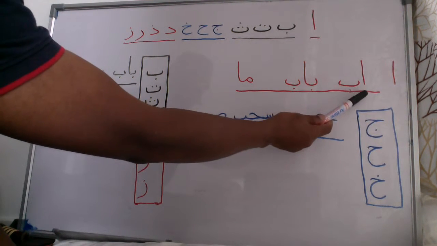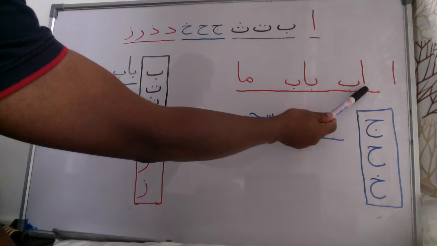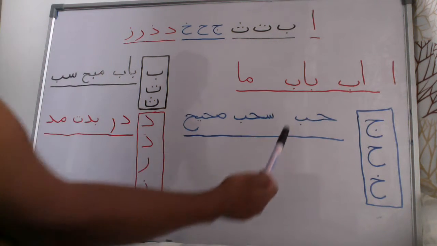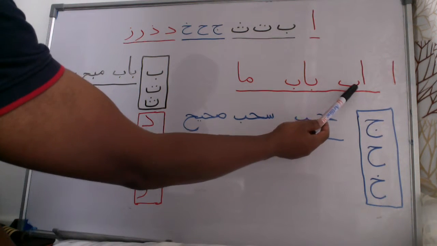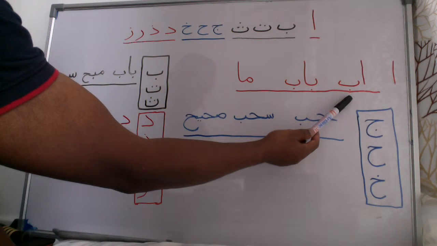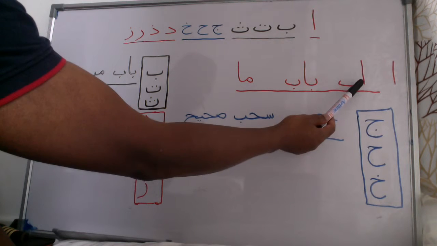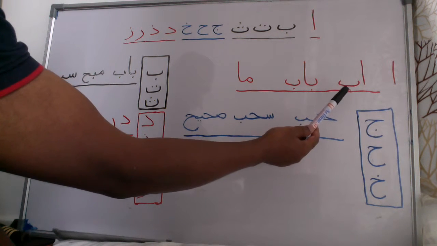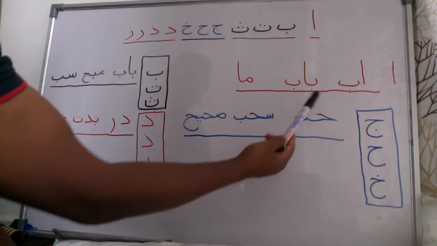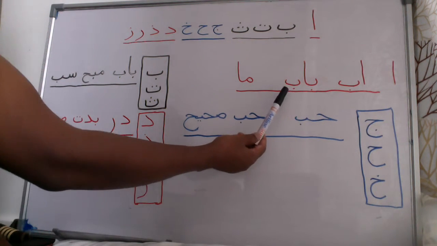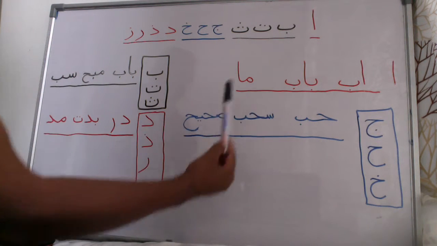So the alif here, as the first letter, is written the same. There's no difference here, but it's not connected to this ba, because if you connected the alif to the ba, it would actually look like a lam. Here's another example of the alif, but in the middle of a word.